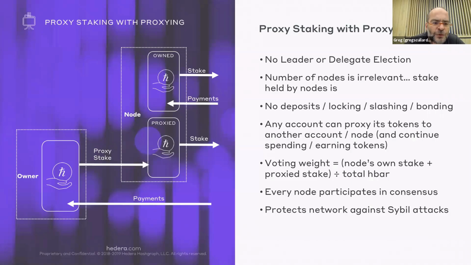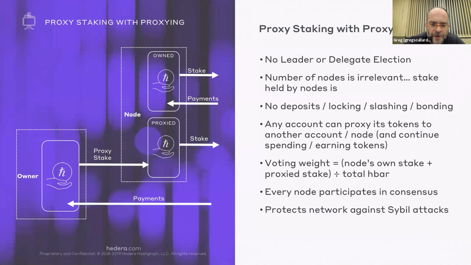And the node's total stake when it comes to voting is the sum of its own stake plus what's been proxied to it. Conversely to a private network, with a public network, the node's stake is what weighs its voting in virtual voting.